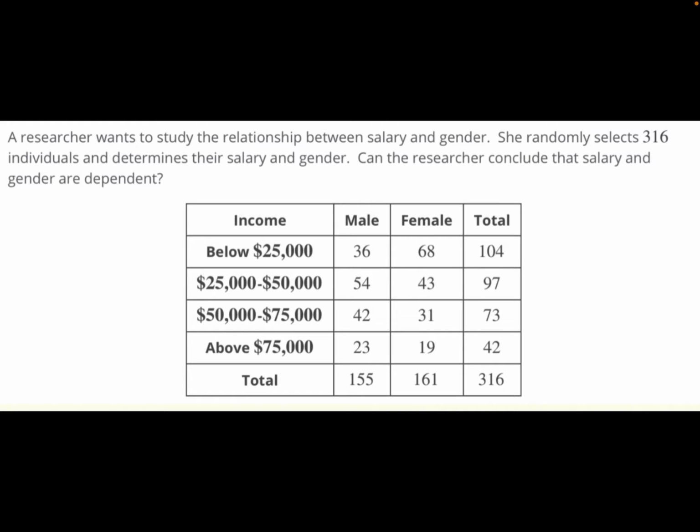So the null hypothesis is that gender and salary are independent, and our alternative hypothesis always assumes dependence: gender and salary are dependent. Once you've got those two hypotheses down, we can turn to our calculators and see how we're going to test this using a chi-squared test.